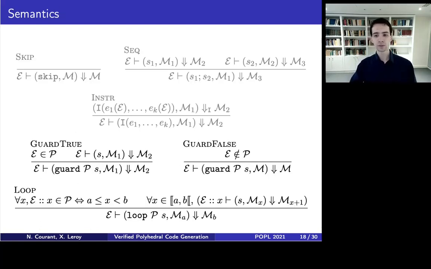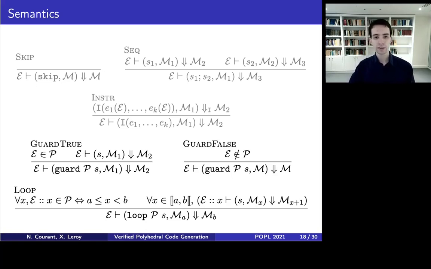To give semantics to this intermediate language, we use the following big step semantics. The skip, sequence, and instruction parts are quite classical, and I will not go into detail about them. The most interesting parts are the guard and loop.